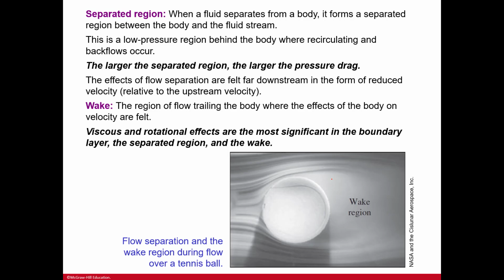The effects of flow separation are felt far downstream in the form of reduced velocity in relation to the upstream velocity. And then the wake, the region of flow trailing the body where the effects of the body on the velocity are felt. Viscous and rotational effects are the most significant in the boundary layer, the separated region, and the wake. And so you see everything here is that wake region. You can kind of think of this as like a boat, because you always see the wake behind it. That's pretty normal.